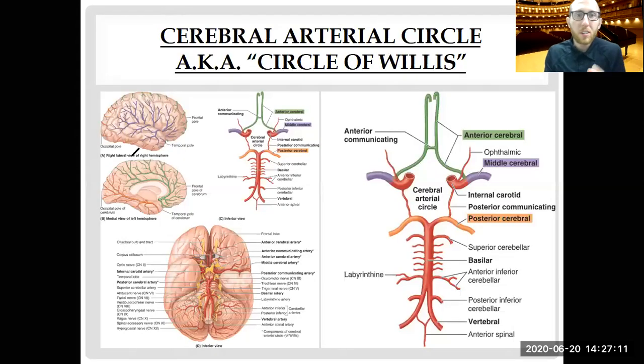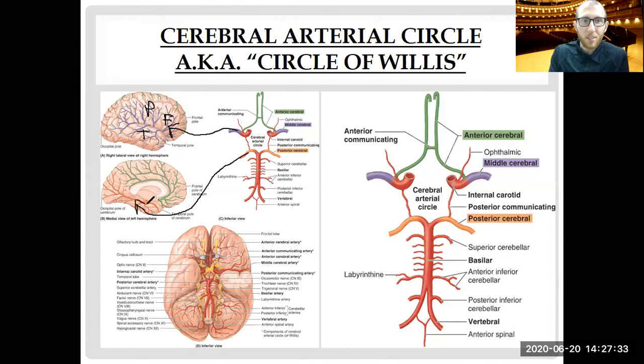So jump to the picture on the left, and now we can see where the colors line up. This middle one would be going over to these areas. Again, it's hitting temporal, it's hitting parietal, it's hitting a little bit of frontal, not so much occipital. Occipital would be your posterior.